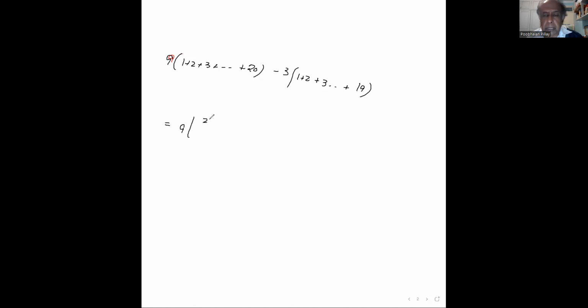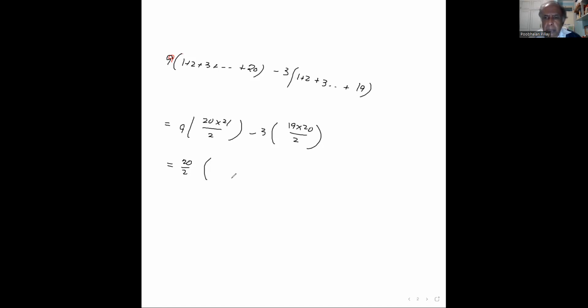So this is the answer to this question: as usual, this is the sum of the first 20 natural numbers. It's 20 times 21 over 2. This formula is very important, and this is 19 times 20 divided by 2. You don't have to multiply all these things. You can see there are common factors here. 20 over 2 is a common factor.